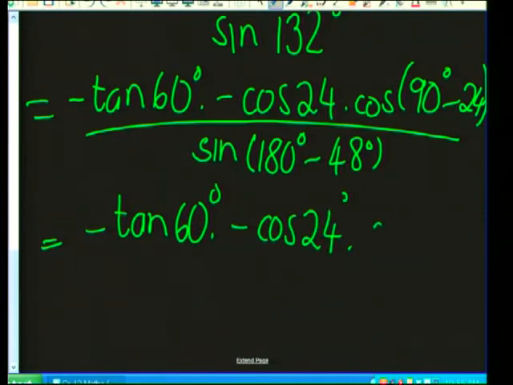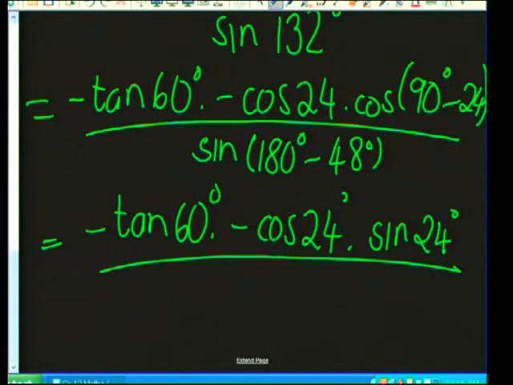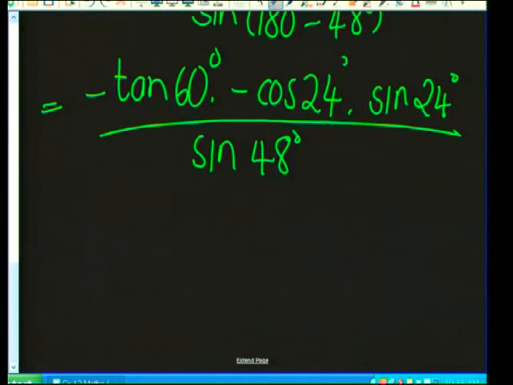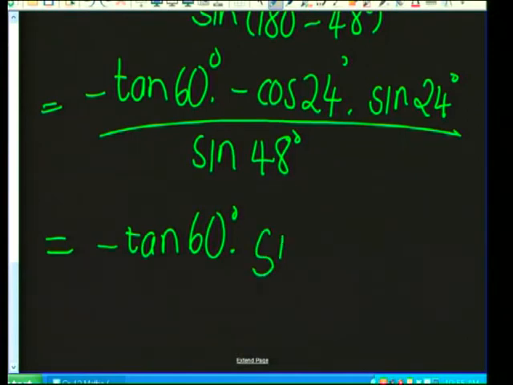And this becomes sine 24. Remember your co-ratios. Sine is positive in this quadrant, so it will be sine 48. That becomes negative tan 60. This now, going back to the notes I just did, is your double angles. So that you could change to sine 2 times 24. But don't forget your negative, because it was there.